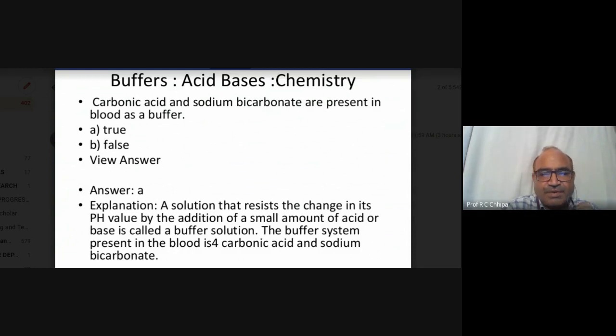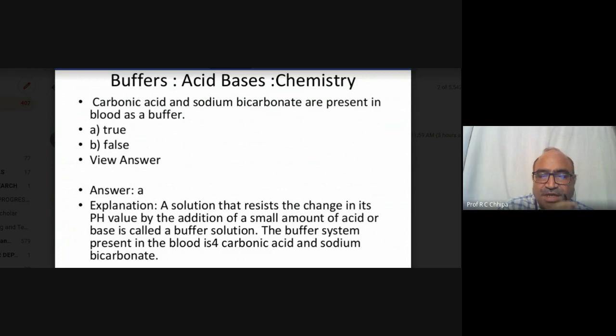So that is carbonic acid, and all of you are well known about the soft drinks, the carbonated drinks. So what will be the answer? Carbonic acid, H2CO3, then sodium bicarbonate, NaHCO3.